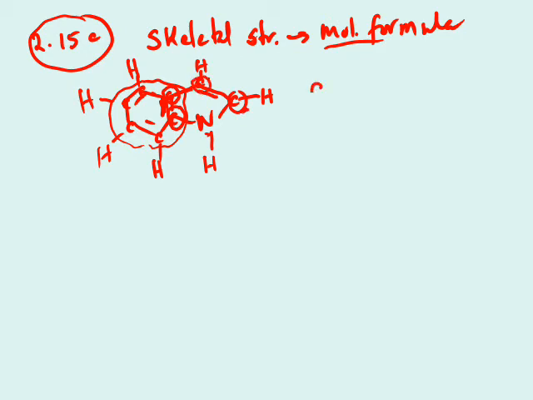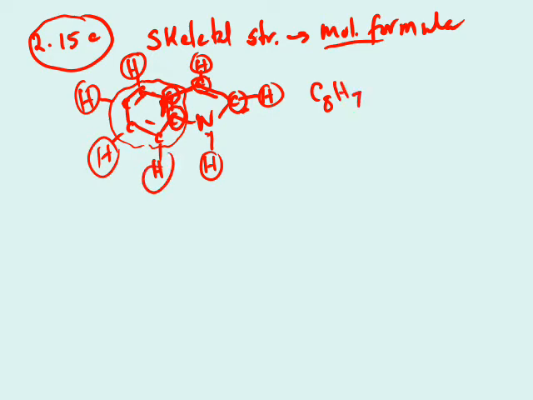So carbon 8, and then let's count hydrogen. 1, 2, 3, 4, 5, 6, 7. H7, and I have 1 nitrogen. So that's the formula of this skeletal structure.